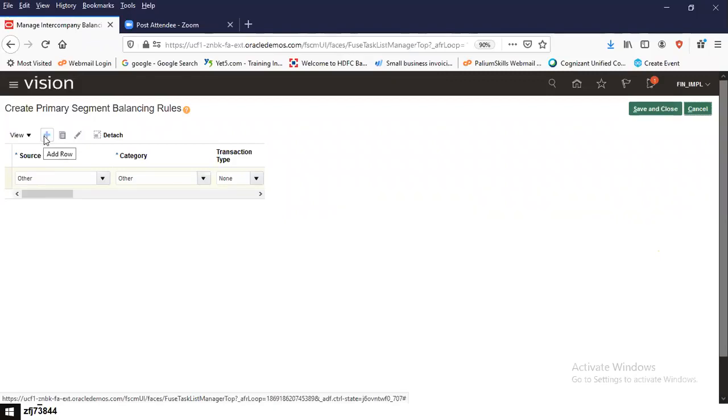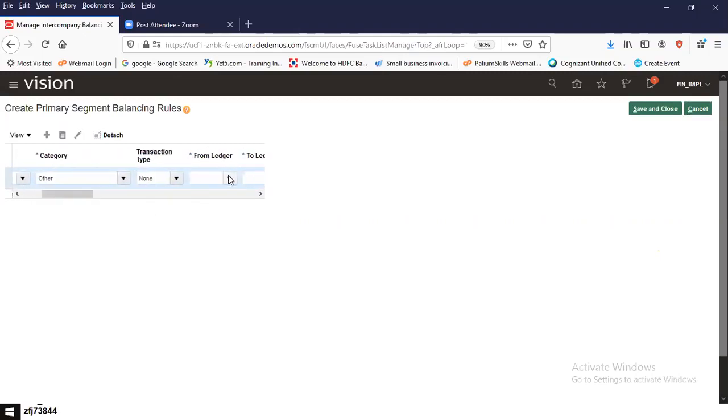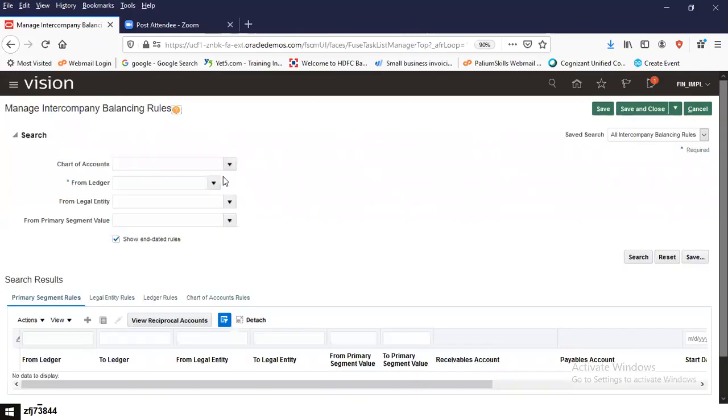I think there are some fields you need to scroll right. From ledger. Yes. From ledger, we'll have the ledger to be specified. We'll specify the US ledger. Oh, it exited out of that.